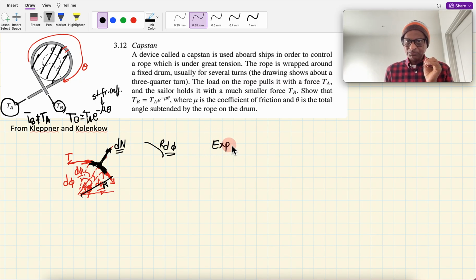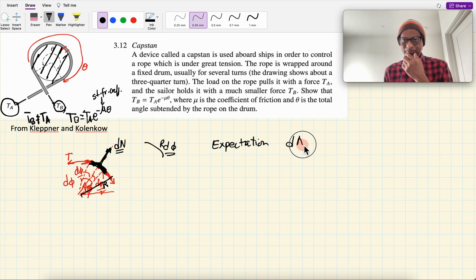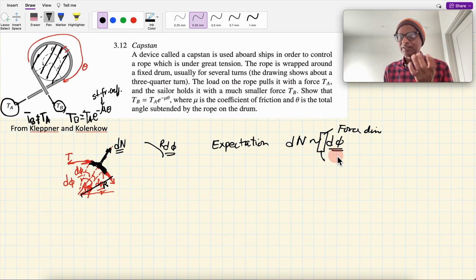A lot of times physics is like, what do we expect? It's the art of guessing. We don't know what it will be, but this should be proportional. It will have some force dimension, because d phi does not have dimension. It's just radians. So this will carry force dimension. I don't know what force it will be. Maybe it will be tension, who knows.